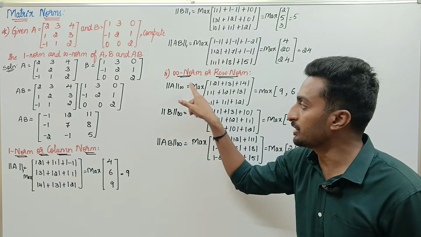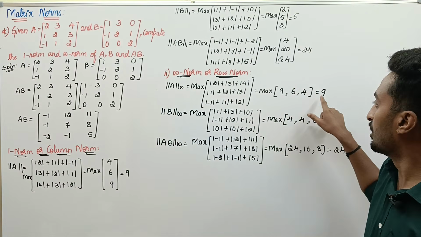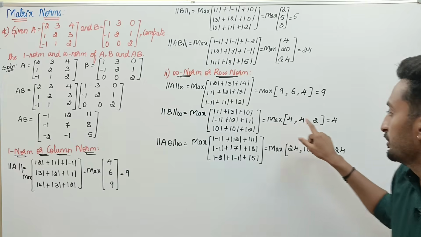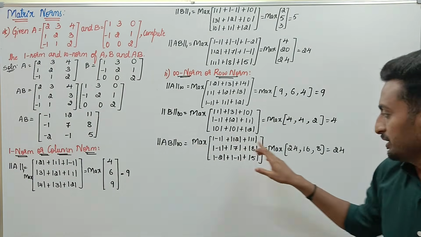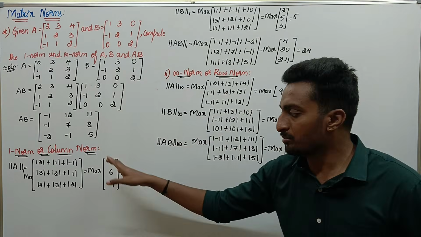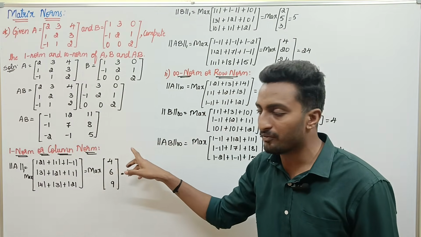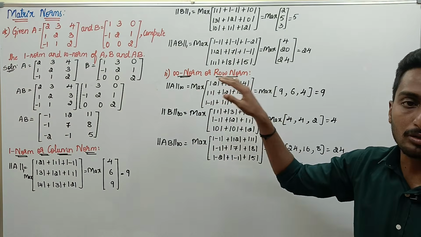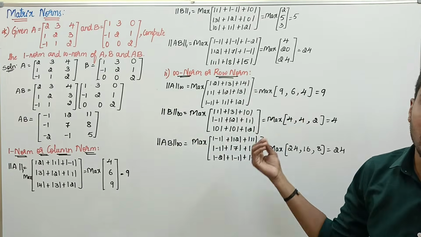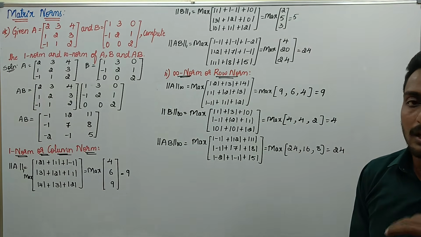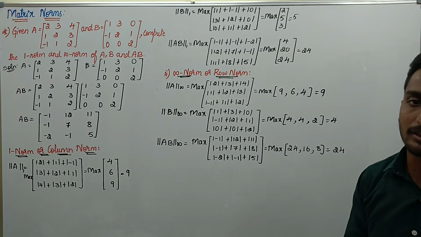Similarly, infinity norm: A infinity norm you get 9, B infinity you get 4, and AB infinity you get 24. In column norm, just add the matrix with respect to column wise. In infinity norm, add the matrix with respect to row wise. When you apply modulus, it becomes minus to positive.